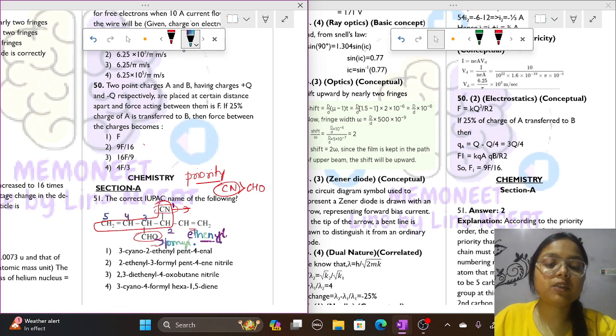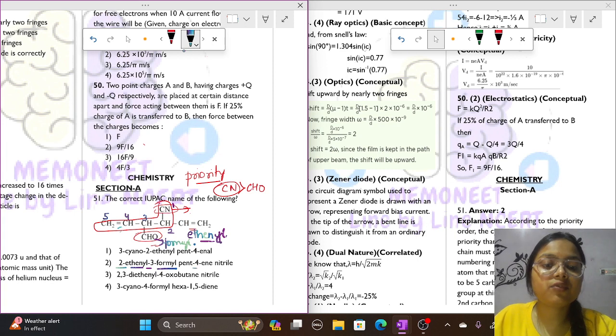So accordingly, what will be the correct IUPAC name? At second position there is ethenyl group. At third position there is formyl group, and in the fourth carbon there is a double bond.